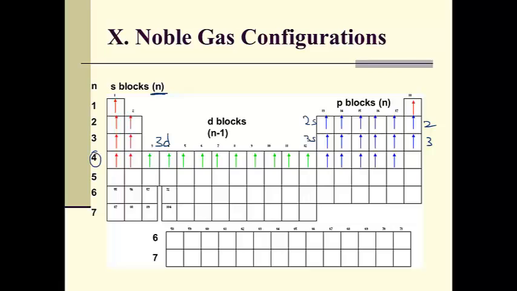So the relationship between what row the d electrons are in and the energy level is the row number minus 1. Now, this is the first time we're going to start putting things into the f orbitals, but these go into the 4f, the ones that are in row 6. So the row number minus 2 will tell you what the energy level is for the f electrons.